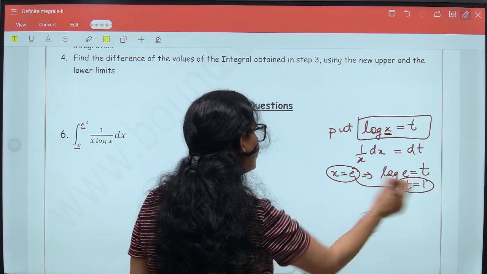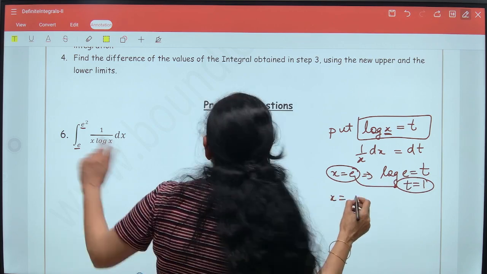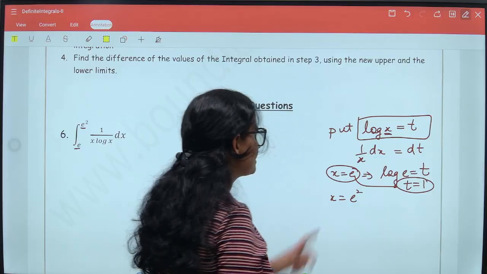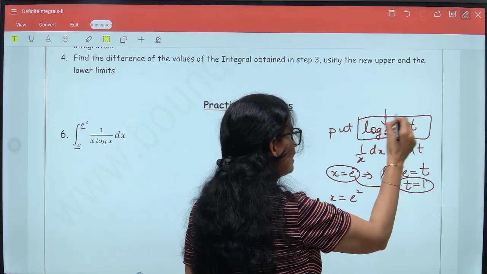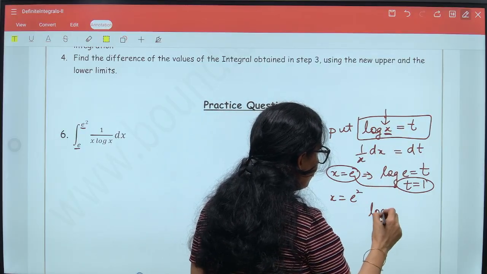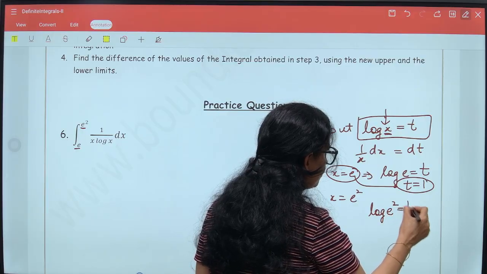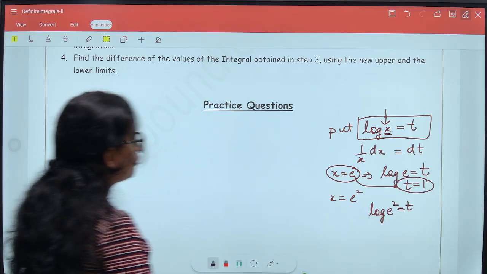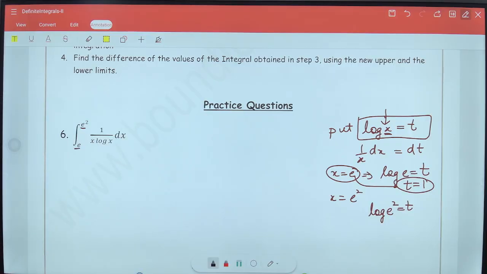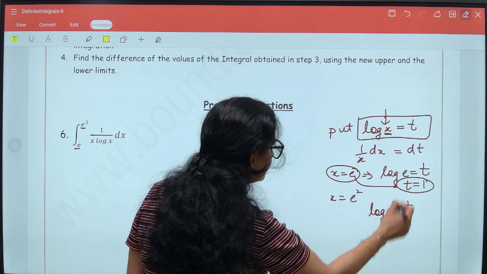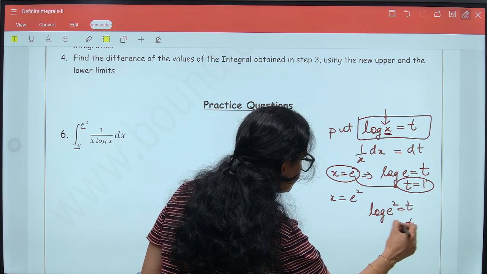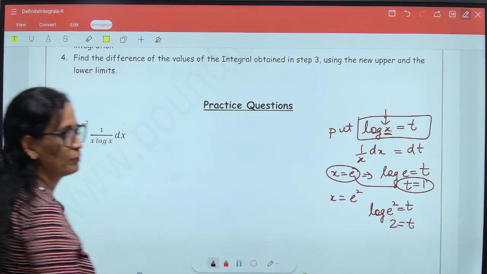Now what is the value of t when x is e square? Put x as e square here, so log of e square is equal to t. So t becomes equal to 2 using the properties of log.